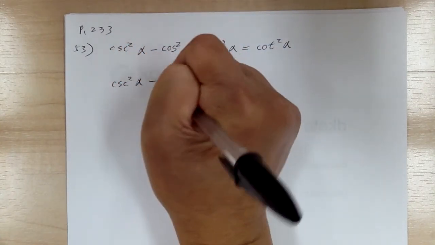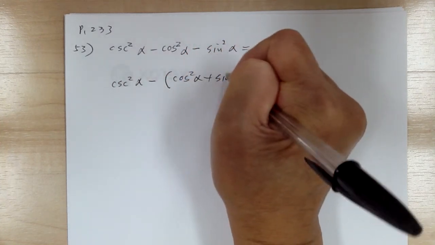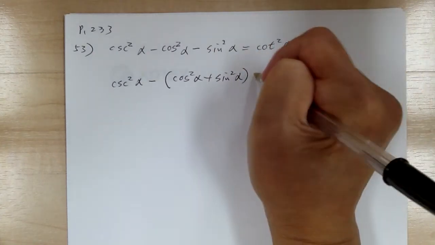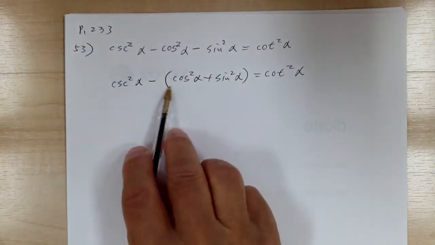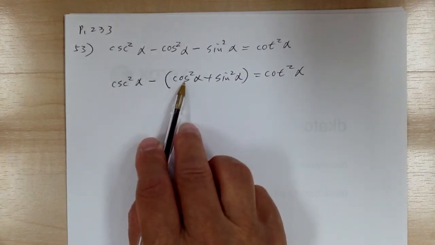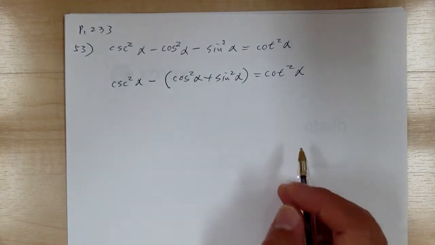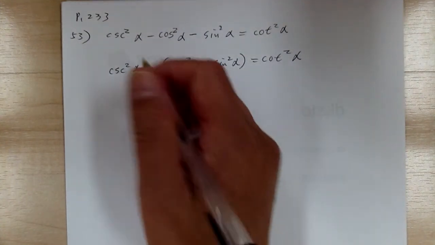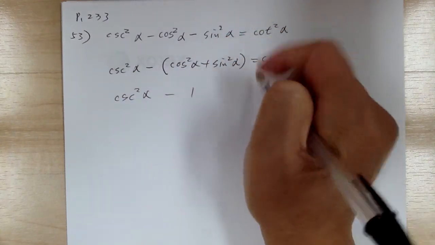So factor out the negative 1, I get cosecant square alpha minus (cosine square alpha plus sine square alpha) equal to cotangent square alpha, right? Okay, so you can check, right? Negative times cosine gives you negative cosine square, and negative times sine gives you negative sine square. And so this is equal to 1. Right? Cosine square plus sine square equal to 1.